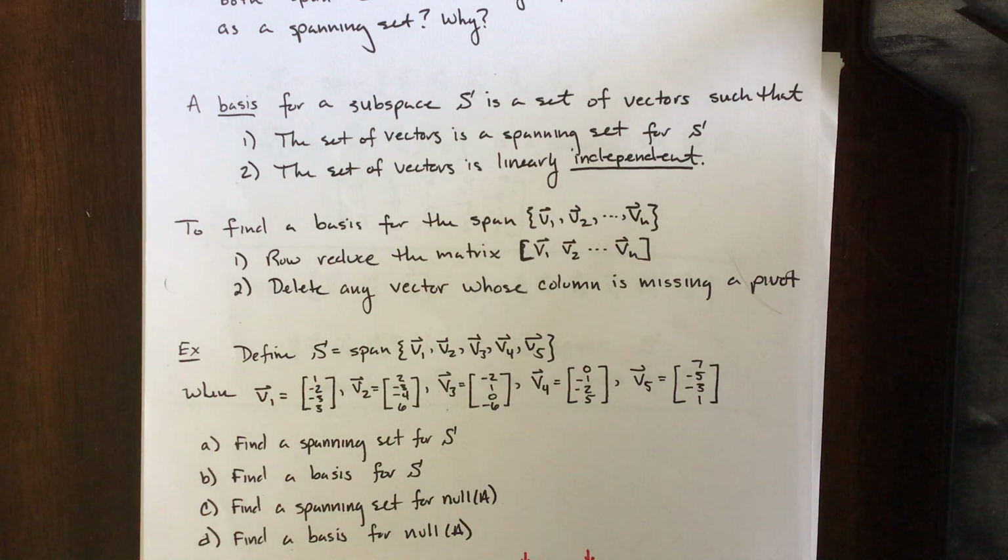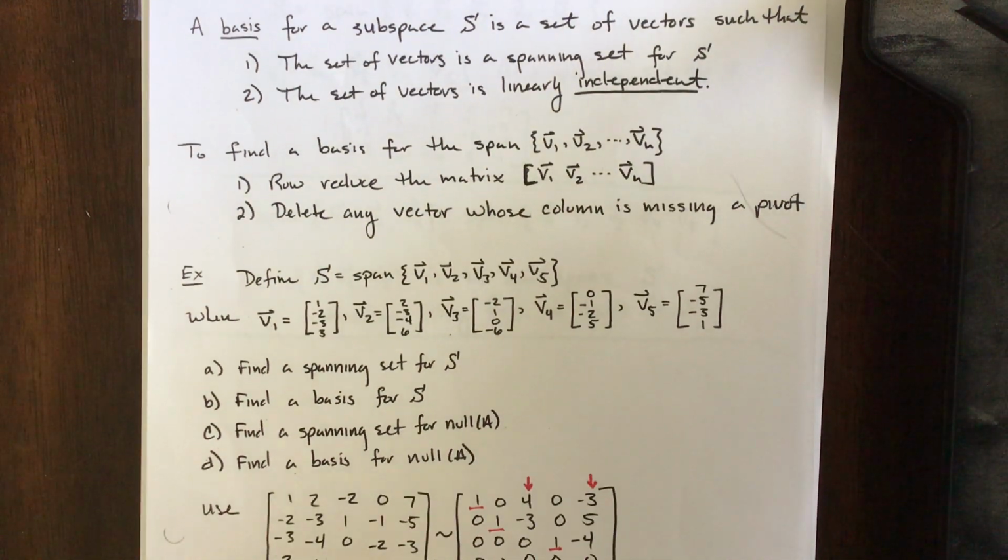So let's look at S and define S to be the span of the vectors v1, v2, v3, v4, and v5. Now I have listed the vectors right here, but we can think of them as just the generic v1 through v5 at this moment.